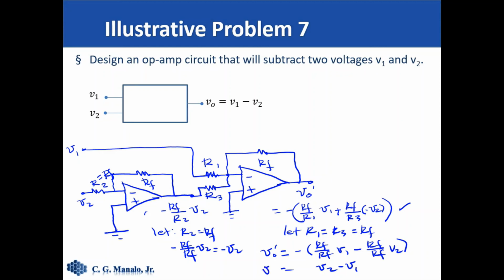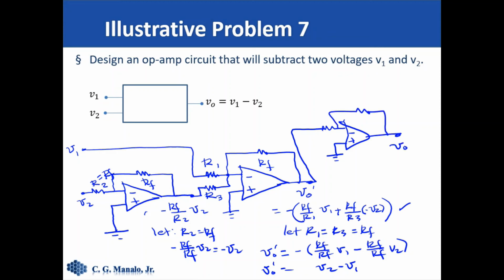So this is our V naught prime, but this is not what we want. We want V sub 1 minus V sub 2. So again, we reroute the output of this to another inverting amplifier, which has, so this is minus, this is plus, this is ground, this is the feedback resistance.